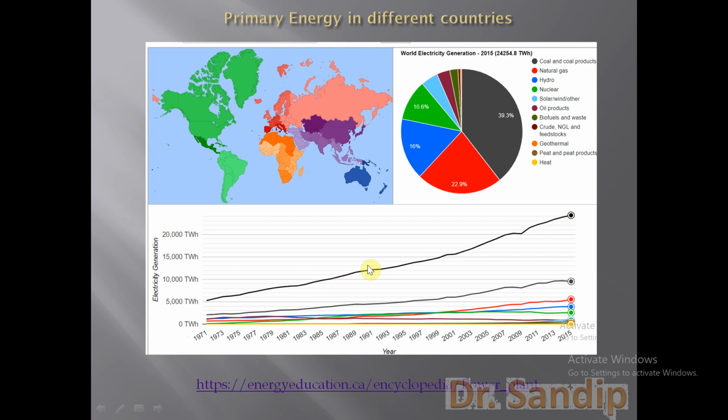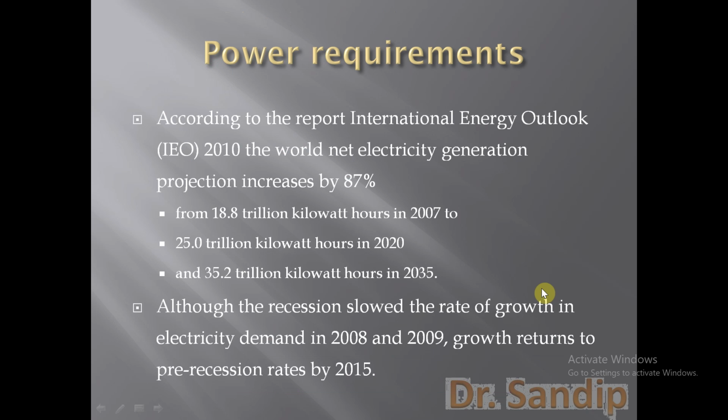As we go further along the timeline, the production is high because the need has definitely increased with the growth of industries and so on. So what are the power requirements basically? If we look at the report of the International Energy Outlook in 2010, the world net energy generation projection increases by 87% from 2007 to 2020.